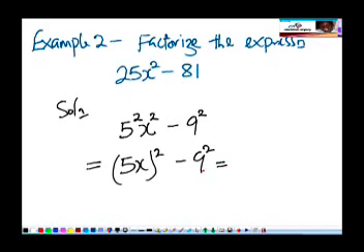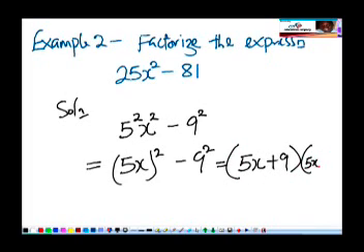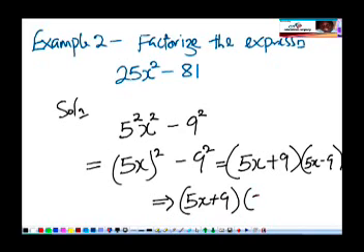This is a difference of 2 squares, with a single base here, and it becomes (5x plus 9) in one bracket, then (5x minus 9) in another bracket.